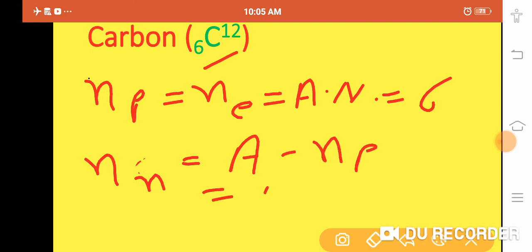Atomic mass is 12 minus number of protons 6, so 6 is the number of neutrons. Understood my dear?